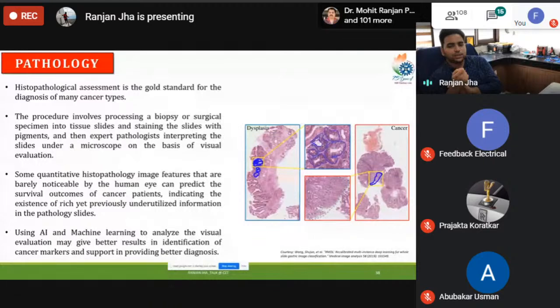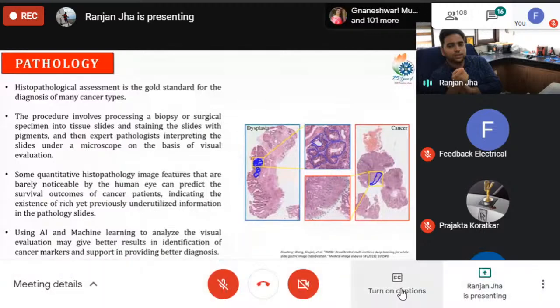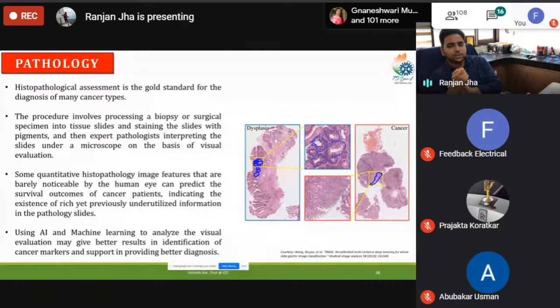In the right image, you can see the labeled images. If there is a presence of this, they can tell, okay, there is a first stage cancer, or a second stage cancer. Histopathological assessment is the gold standard for the diagnosis of many cancer types. The procedure involves processing a biopsy or surgical specimen into tissue slides and staining the slides with pigment, and then an expert pathologist interprets the slides under a microscope on the basis of visual evaluation.